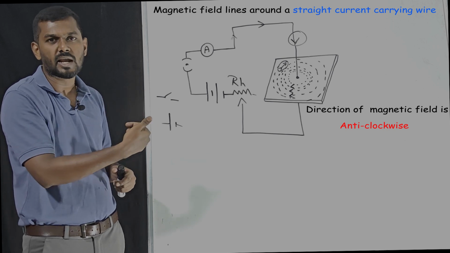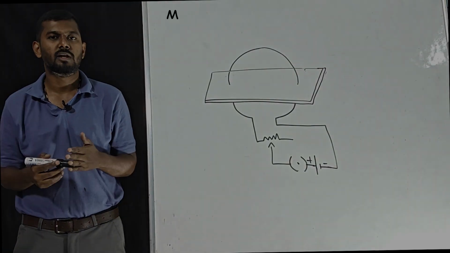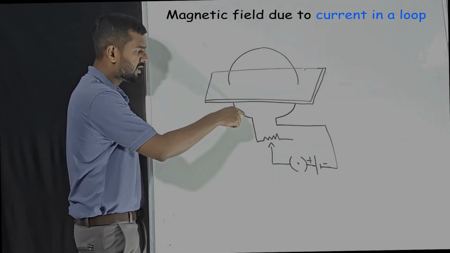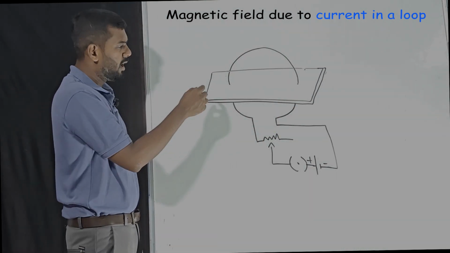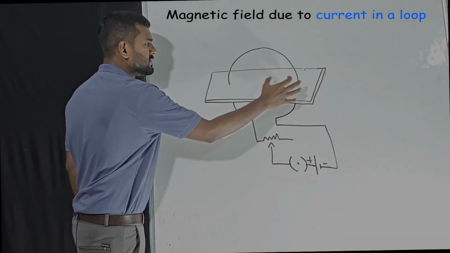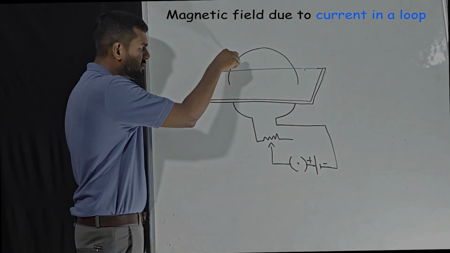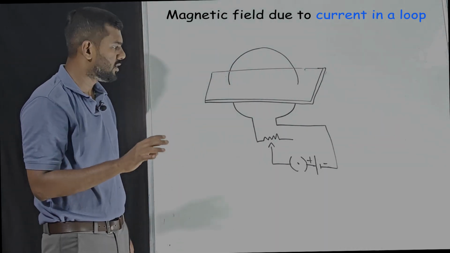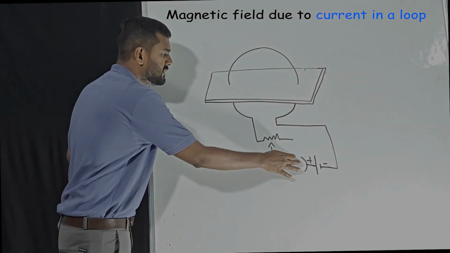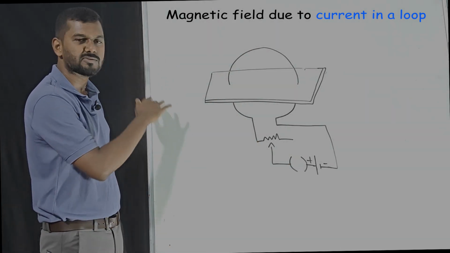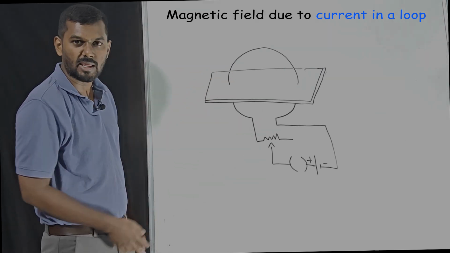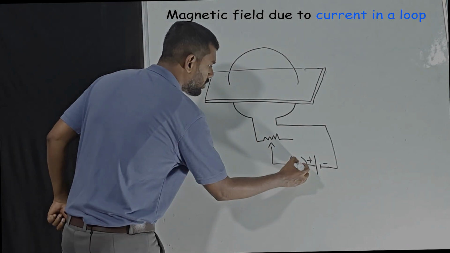Anyhow, we have learned the right hand thumb rule and how to use it. Now we learn about the magnetic field due to a current in a loop. If you take a circular loop of wire, and take a cardboard and make two holes according to the size of this loop, now this loop is inside this cardboard. We sprinkle some iron filings, and the circuit is open. No current is flowing, so no change in the arrangement of the iron filings.